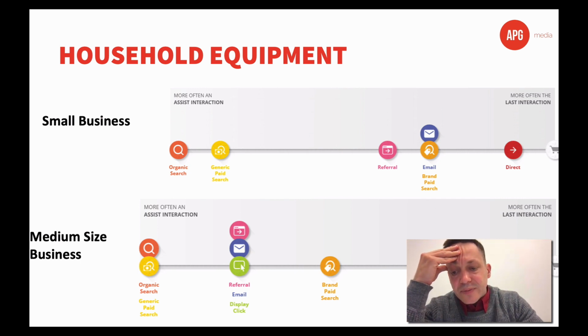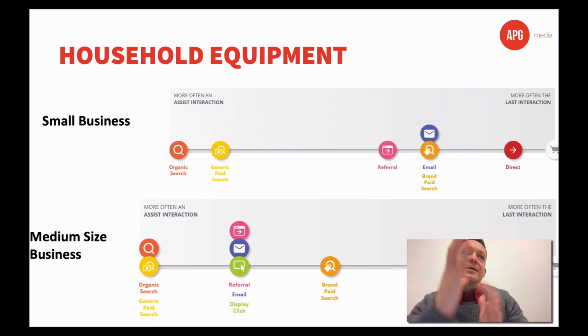For medium-sized businesses, social media might work closer to the last interactions, but display is usually implemented in very early stages. So whenever somebody comes to your site, display is implemented.